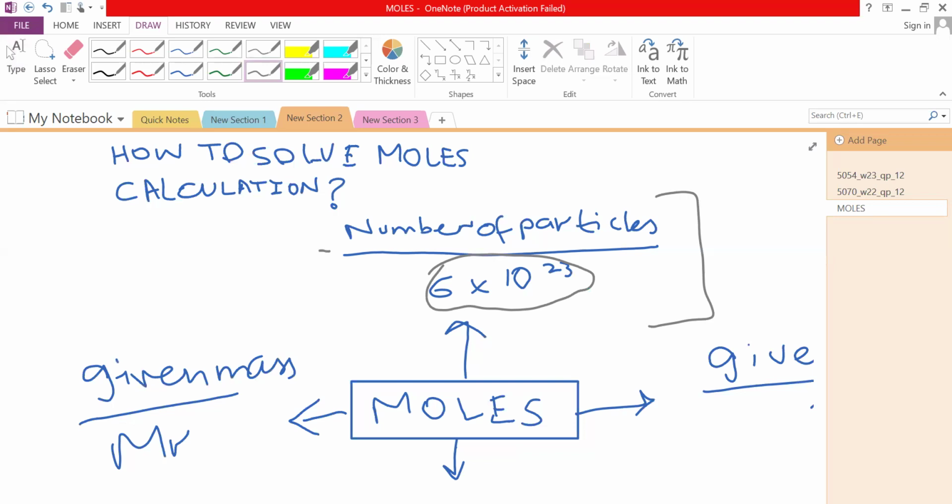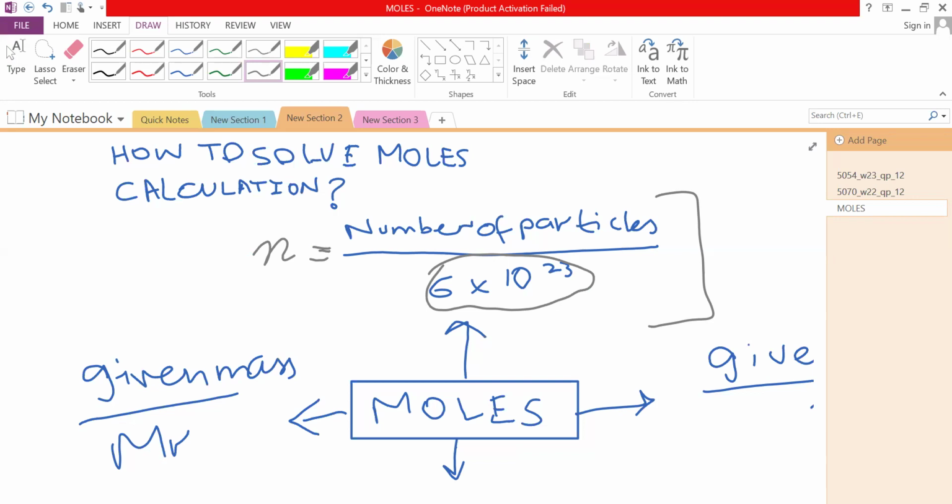You can use this formula when you are given moles and need to find the number of particles present in that specific molecule. And if you are given the number of particles, you can divide it by 6 into 10 power 23, so you can easily get moles.